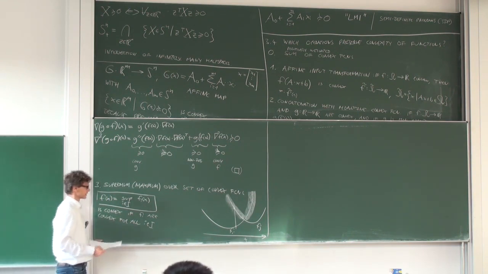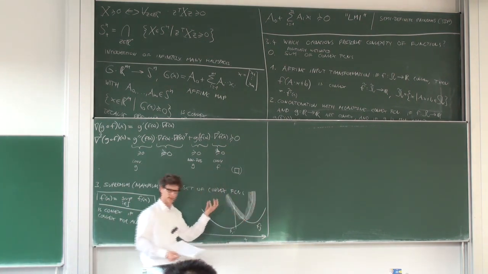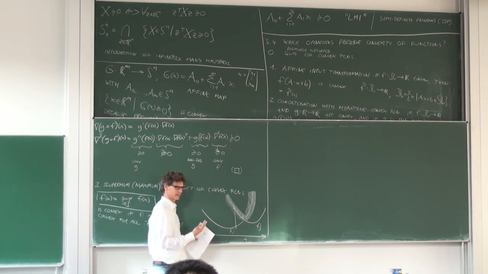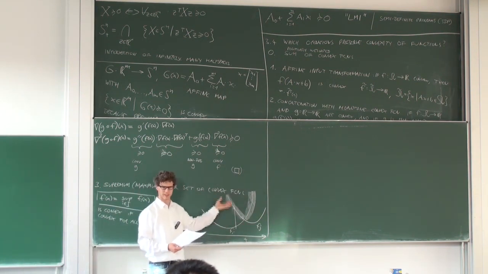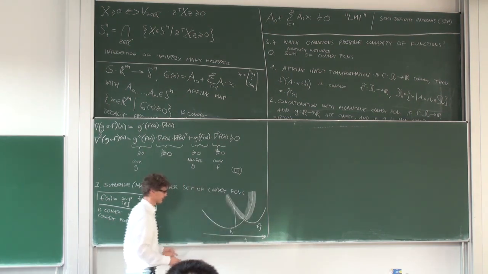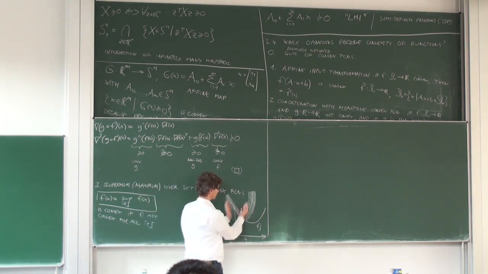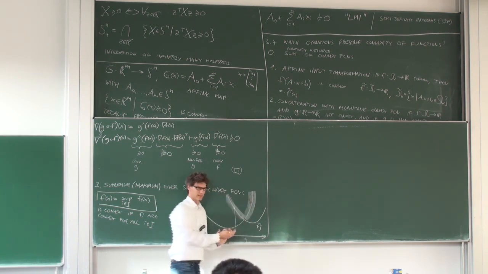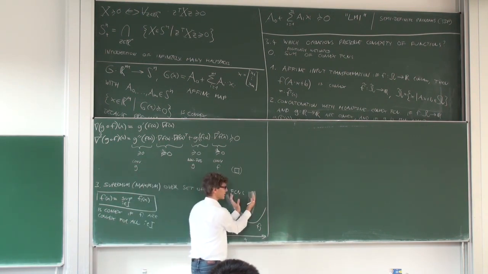And the proof is an extremely powerful application of our characterization of convex functions. At some point I said, what is a convex function? A convex function is a function whose epigraph is a convex set. The epigraph is the set of points above the graph. So if we take this picture, we see that actually the epigraph of the maximum of two functions is the intersection of the two epigraphs.